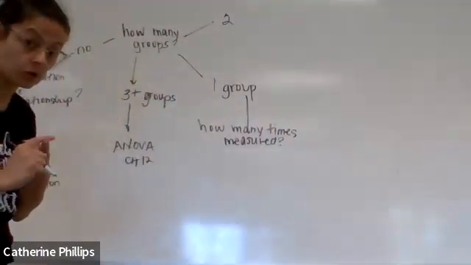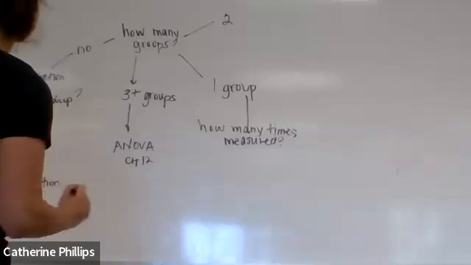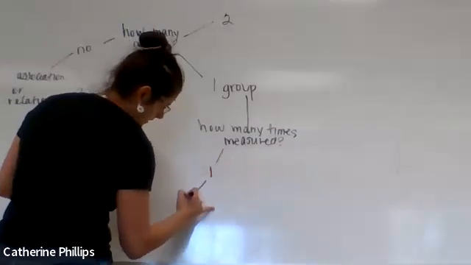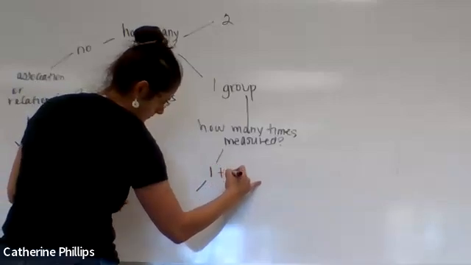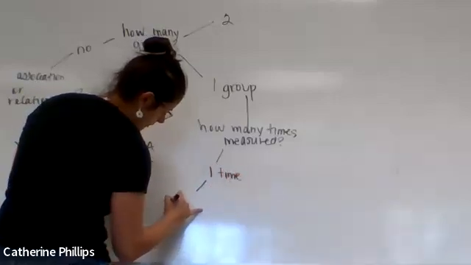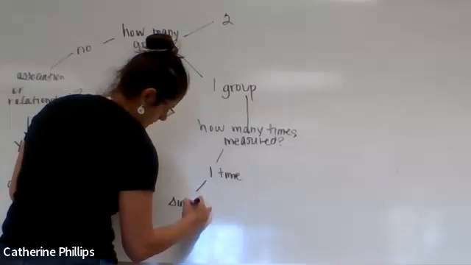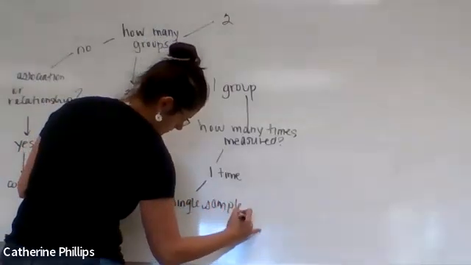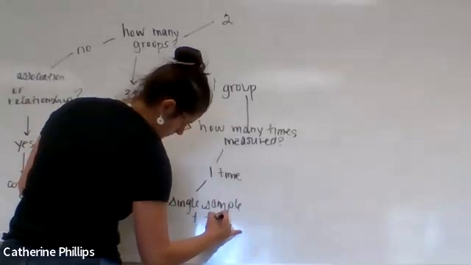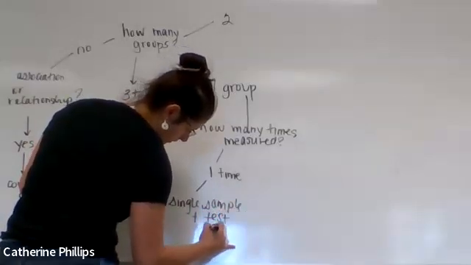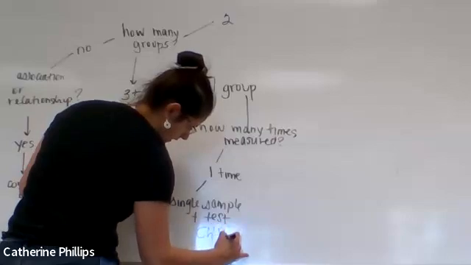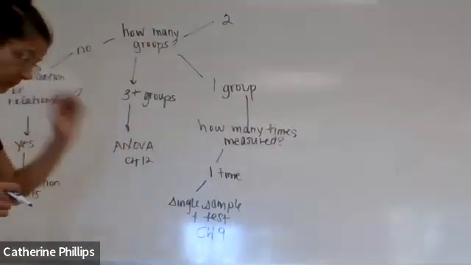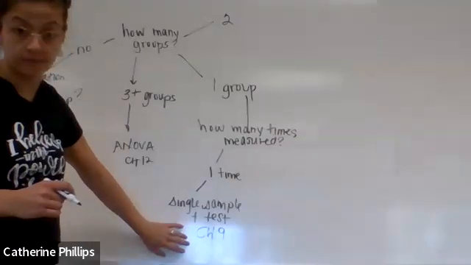So if we have just 1 group and they are measured 1 time, that is a single sample t-test. Okay. Sorry for the glare from my computer. That says chapter 9.